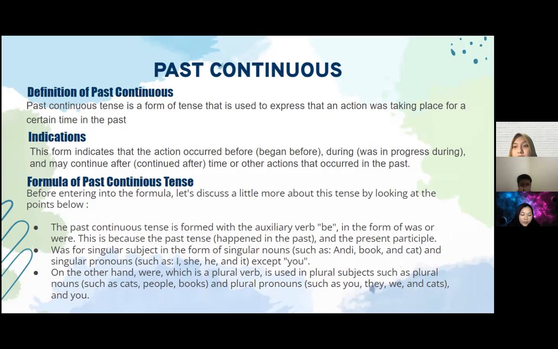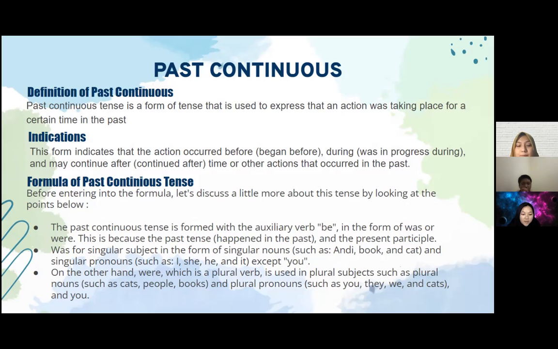In this past continuous, we have three formulas. But before entering formula one, we have to discuss a little more about this tense by looking at the points. There are 3 points below. The first is the past continuous tense is formed with the auxiliary verb be in the form of was or were, because the action happened in the past, and the present participle.